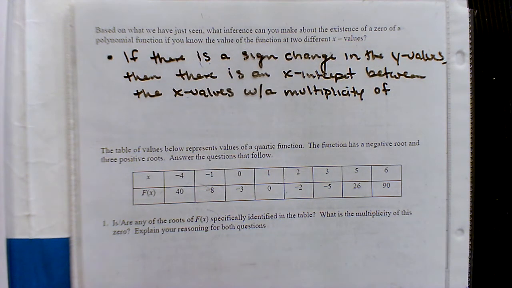Okay, so you know there's an x-intercept. You know you're either touching or crossing the x-axis. Can you think of what the multiplicity might be? If you think about multiplicity of 1, multiplicity of 2, multiplicity of 3, and what they look like on a graph, if you have a sign change, what type of multiplicity might you have?